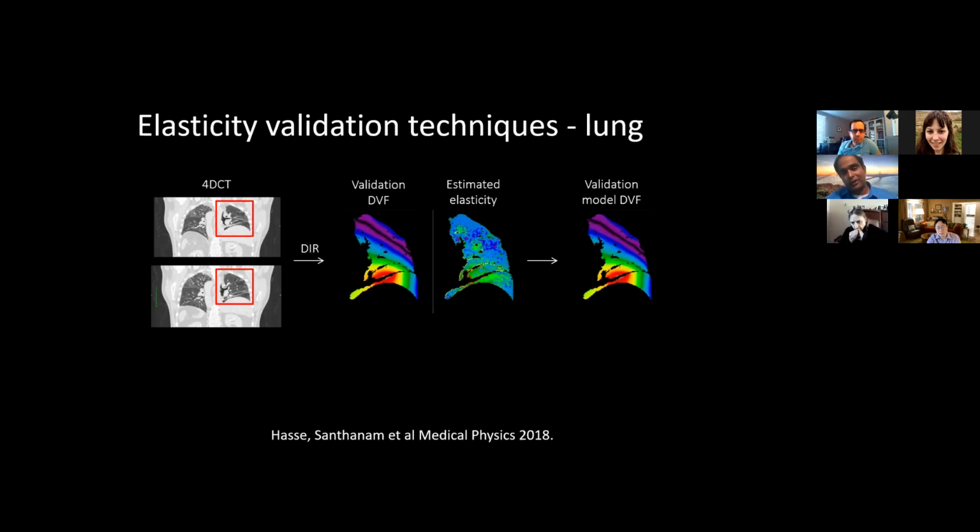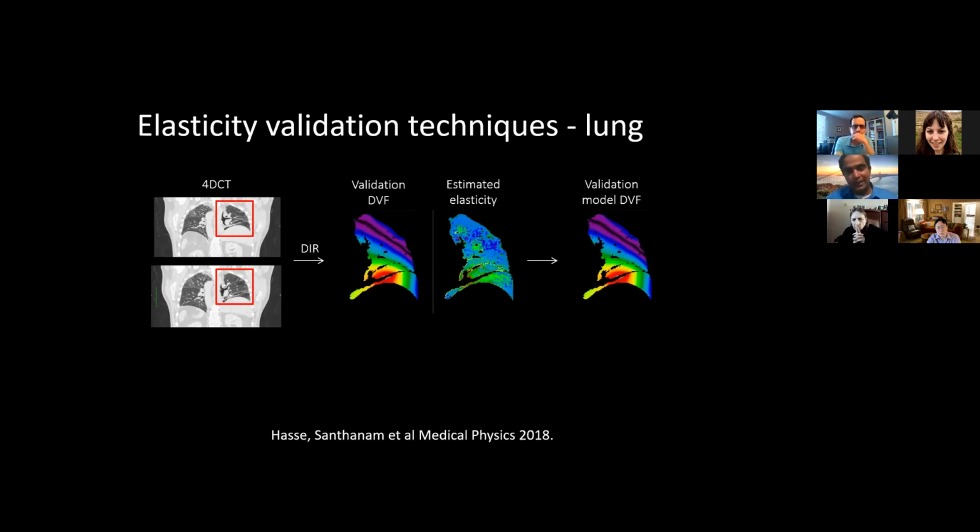From the 4D CT, we look into what kind of deformations are actually happening. And we employ what is called an inverse elasticity measurement, where we measure for every voxel what the corresponding elasticity is, and whether it is even matching the input data or not. And when you combine all those data, we get different aspects.